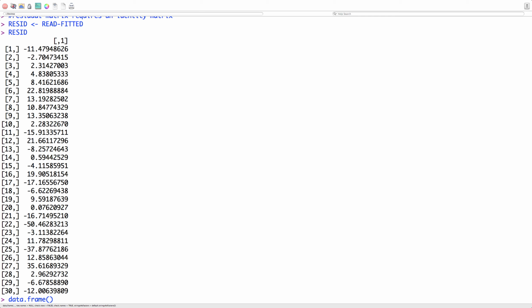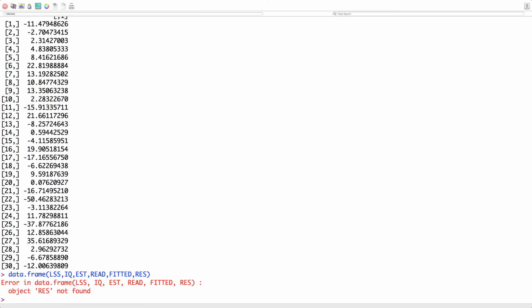So I want to come in with LSS as the first predictor, IQ as the second predictor, EST, then we had read. Then I want to come in with the fitted values, and then the residuals. And that's not going to work. Let's see, what would be the best way to do that? Is it a data table?